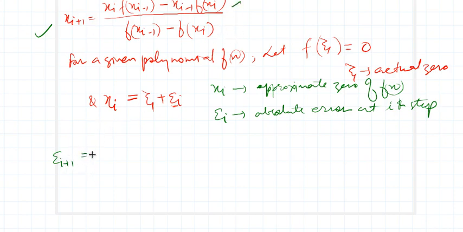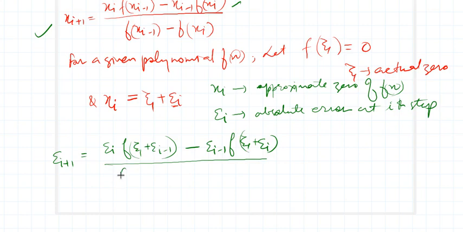So ε_{i+1} is equal to ε_i f(ξ + ε_{i-1}) minus ε_{i-1} f(ξ + ε_i), whole divided by f(ξ + ε_{i-1}) minus f(ξ + ε_i). In this way I have written it, but in terms of error, right? Now what should I do?